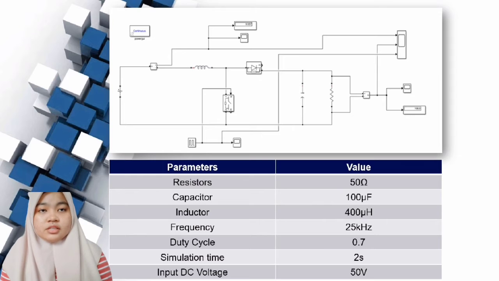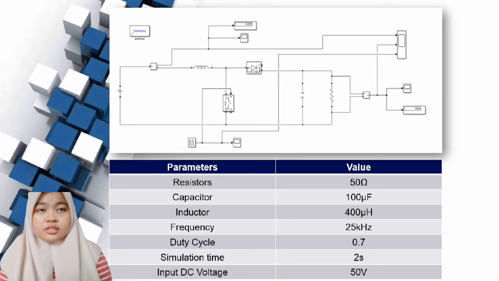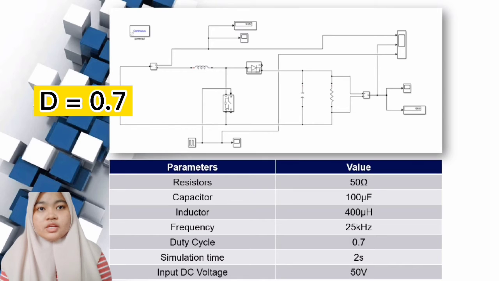For the pulse generator setting, we choose one value of the frequency and one value of the duty cycle. For the frequency, we choose 25 kilohertz, and for the duty cycle, we choose 0.7.